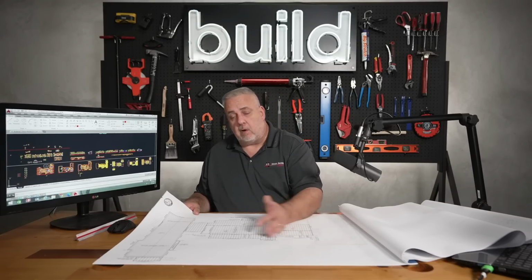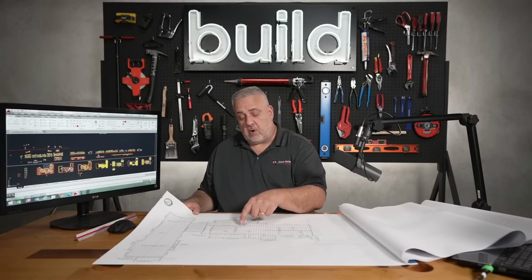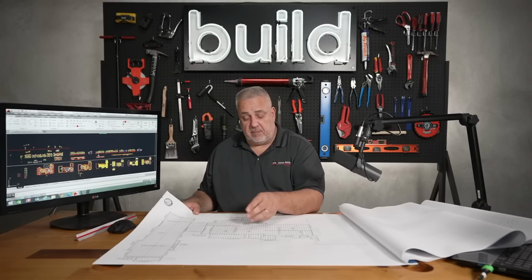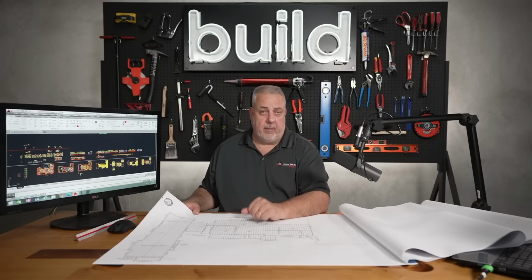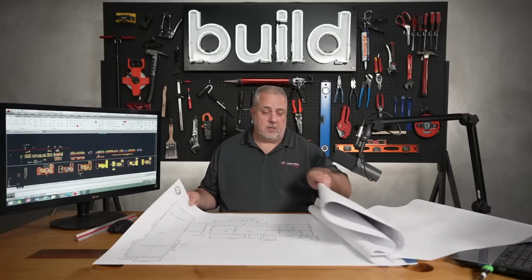He does a full comprehensive review, but he's basically either putting a check mark here or he's crossing that out and writing in the new size of the beam that it should be. Sometimes these beams are a little larger than maybe what they need to be, and he says, hey, these can get away with doing them at this size, and he'll put that note in there. But that's how I work with my structural engineer.